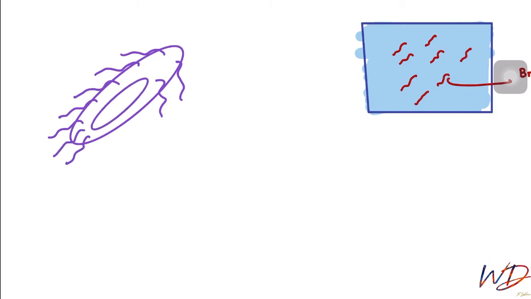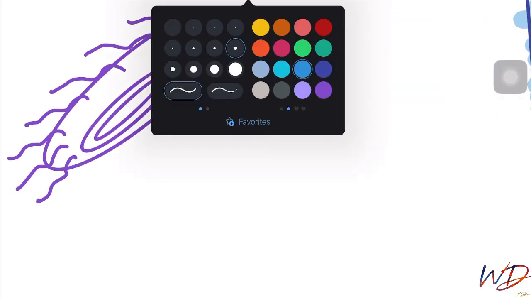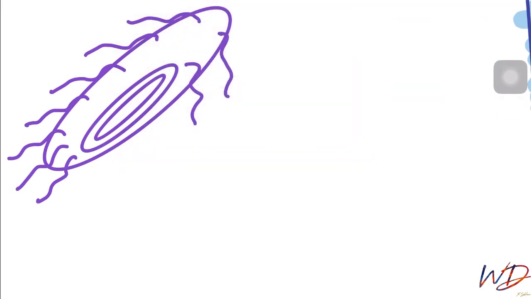So I'm going to open the waxy layer up now. If you cut open a piece, you will see a thick layer like this, and inside you will have the cellular structures.